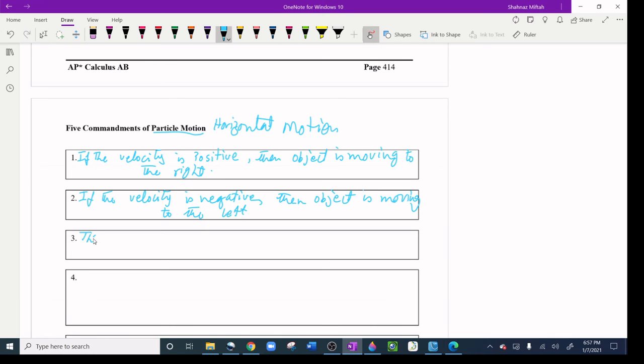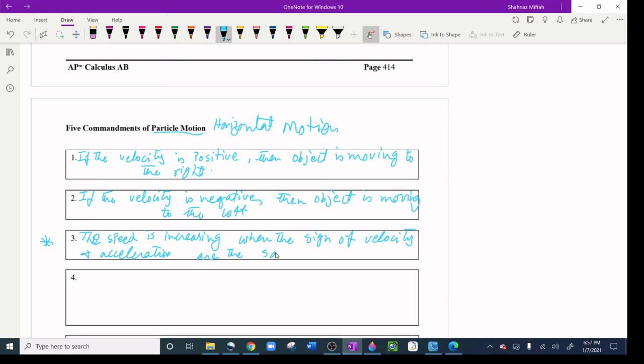The speed, this is very important. I'm going to make a star with it. The speed is increasing when the signs of velocity and acceleration are the same.